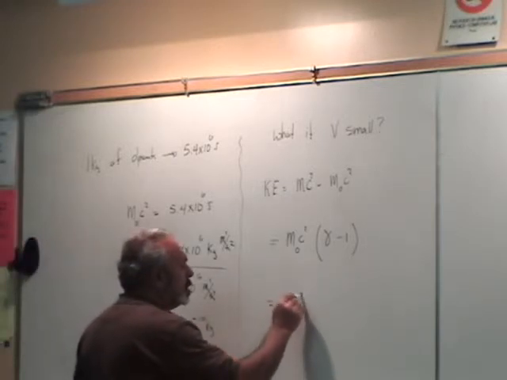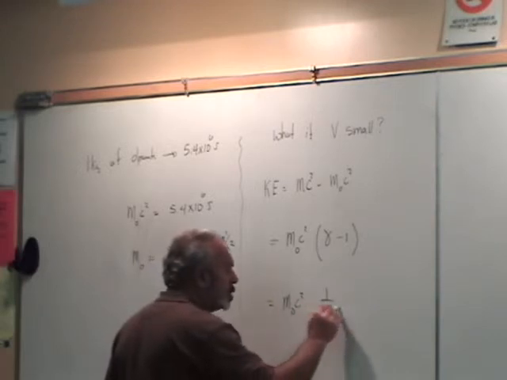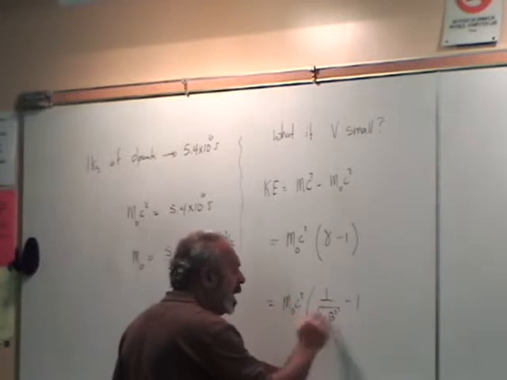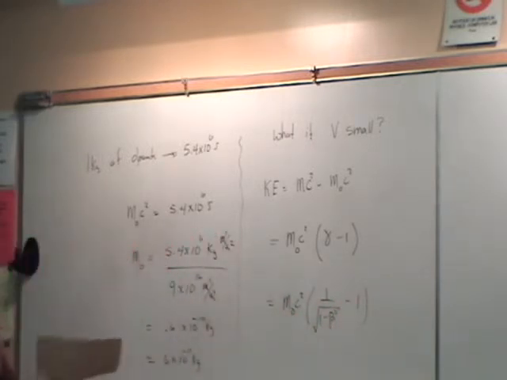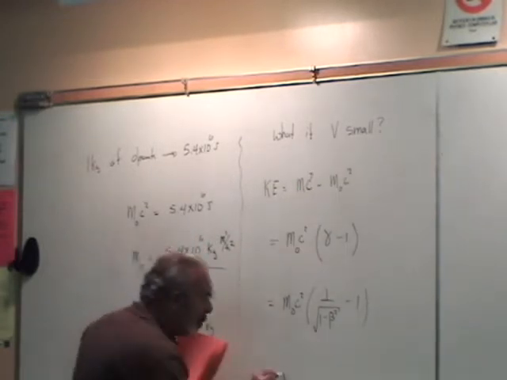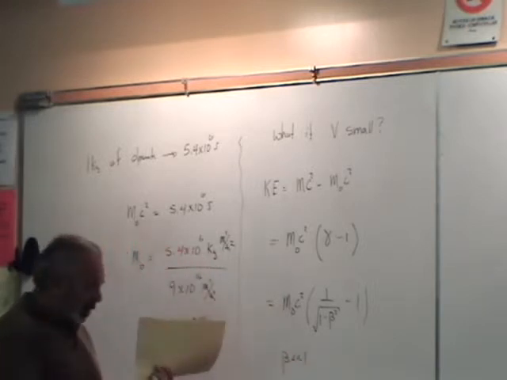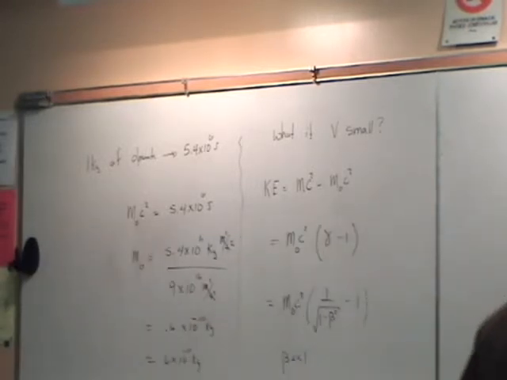M naught c squared, 1 over the square root of 1 minus beta squared, minus 1. And the reason that we do that is because when v is small, of course, beta is much, much less than 1. It is also small. So we're talking about small, shall we call them ordinary velocities, velocities of spacecraft and things like that, maybe asteroids and things like that. What goes on?